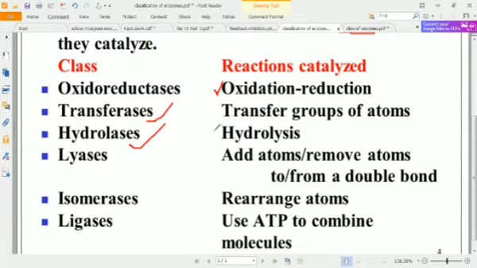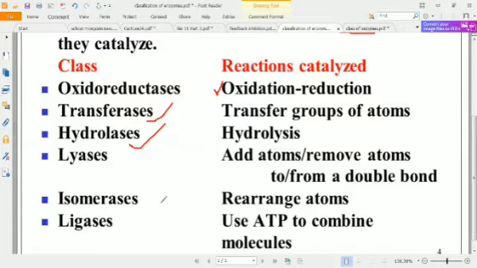Hydrolases, by addition of water, do hydrolysis, and we can break down larger polymers. Then we have lyases. Lyases add or remove atoms, or form a double bond between them. We'll see one by one in detail.